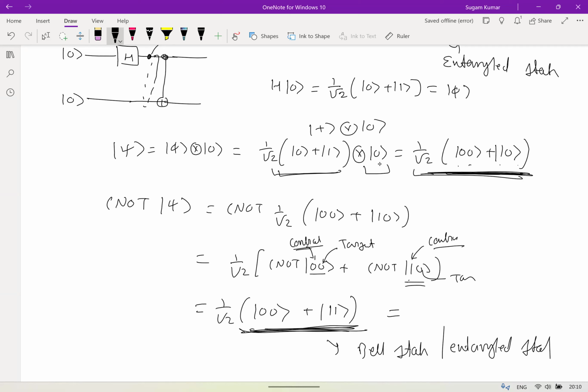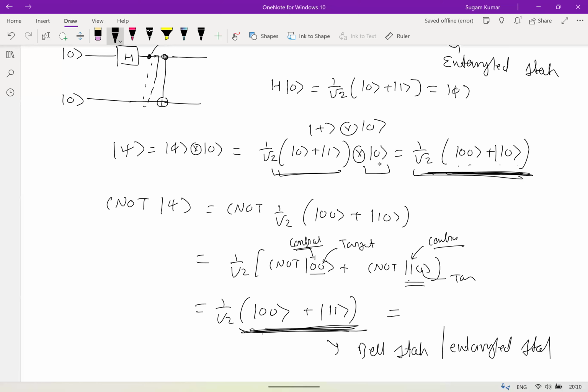You can never express this as the tensor product of the basis states. Mathematically, if you cannot express a superposition state as a tensor product of the basis states, then such states are called entangled states.